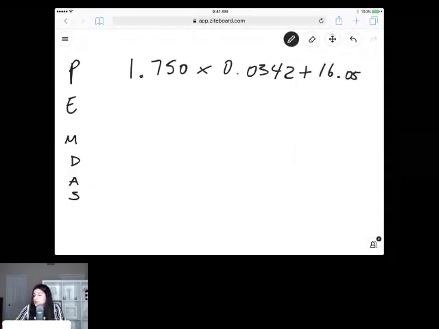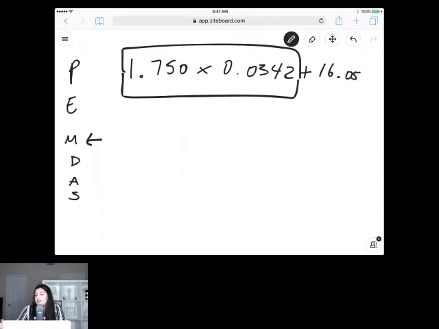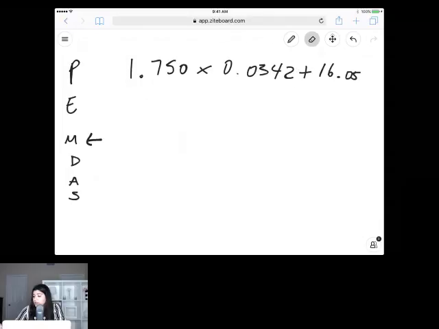And remember, this was parentheses first, then exponents, then multiplication, division, and then addition and subtraction. So in our case, the first thing that we see is multiplication. So we need to do multiplication first. And then after that, we're going to add. So I still want you to think of the rules for significant figures when it comes to multiplication. So I'll start there.